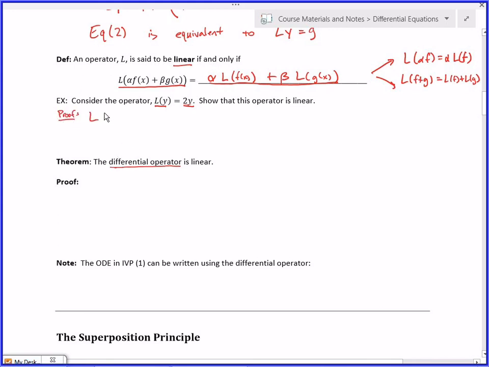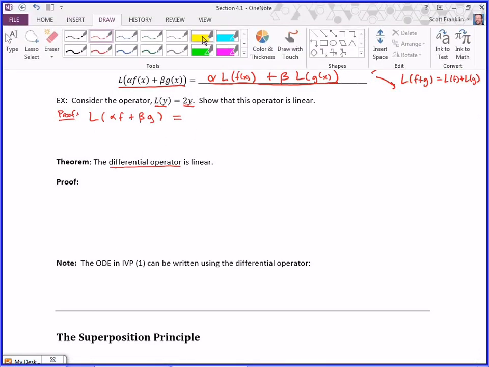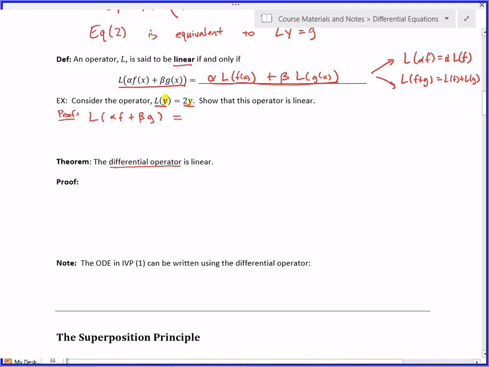What is L of alpha f plus beta times g? I'm going to be lazy and leave off the of x's part because it's implied. In this context, that means to take whatever's inside, so if you plug in a y, you get 2y. So I'm going to take all of this and just multiply it by 2. That's what that operator now means. 2 times alpha f plus beta g.